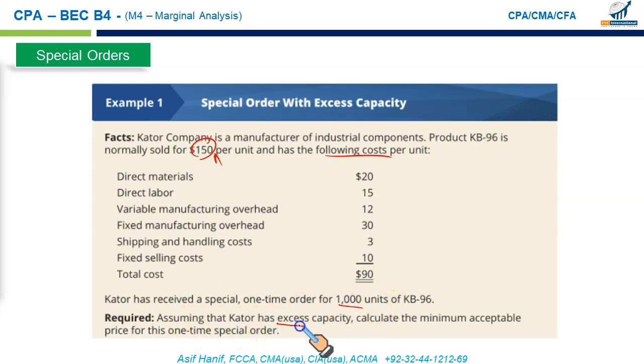Assuming that Cater has excess capacity, calculate the minimum acceptable price for this one-time special offer. Our minimum price should cover at least material, labor, variable overheads, and shipping. If you add all these, I guess you will get $50. So my incremental cost is $50.